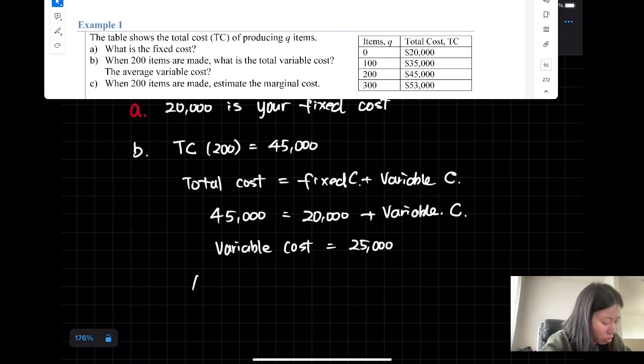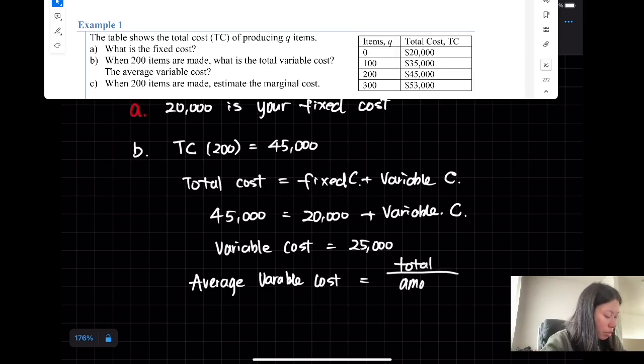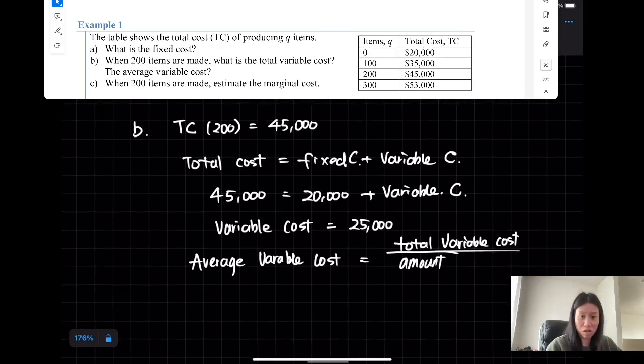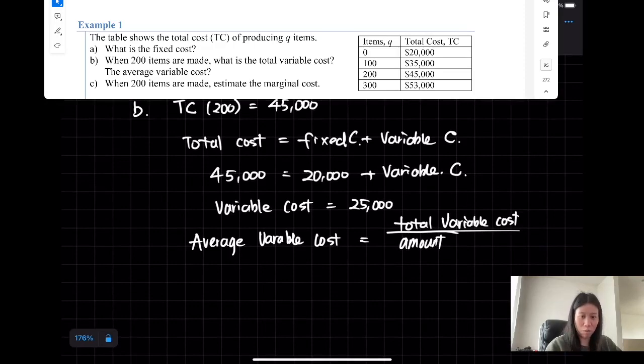When it comes to average, you know that you are going to use the total number of something divided by the amount. Since they ask you the average of variable cost, you want to know the total variable cost, not the total cost. So you need to use the total variable cost to divide the amount.